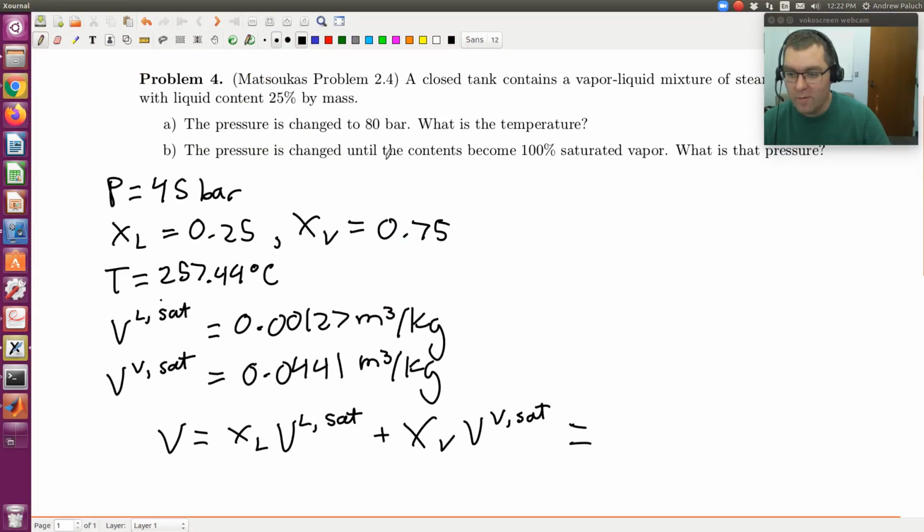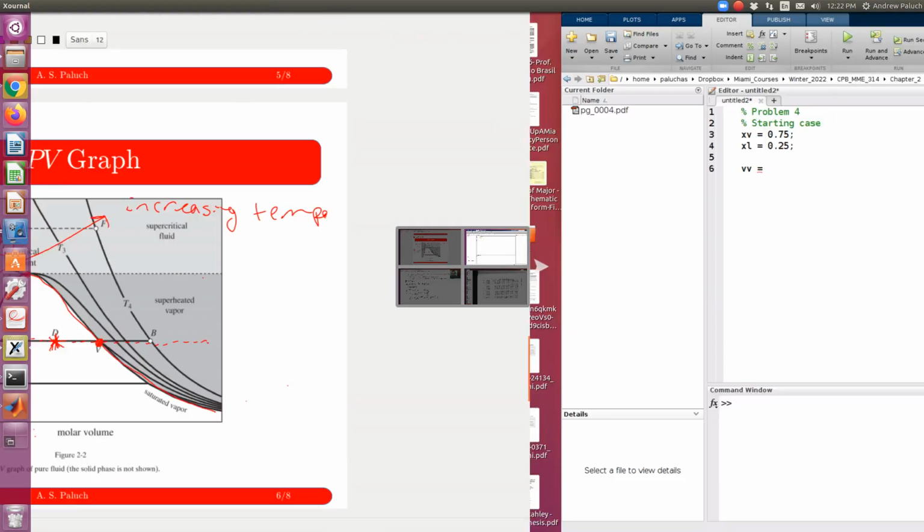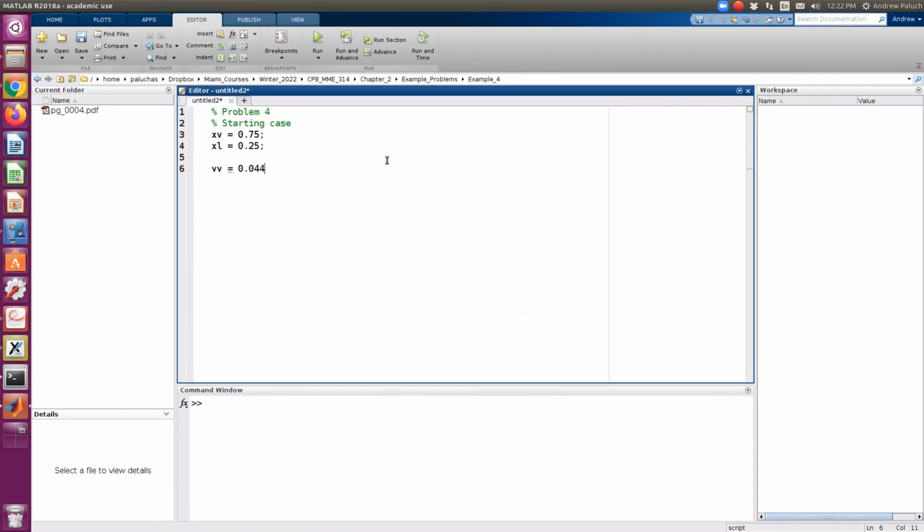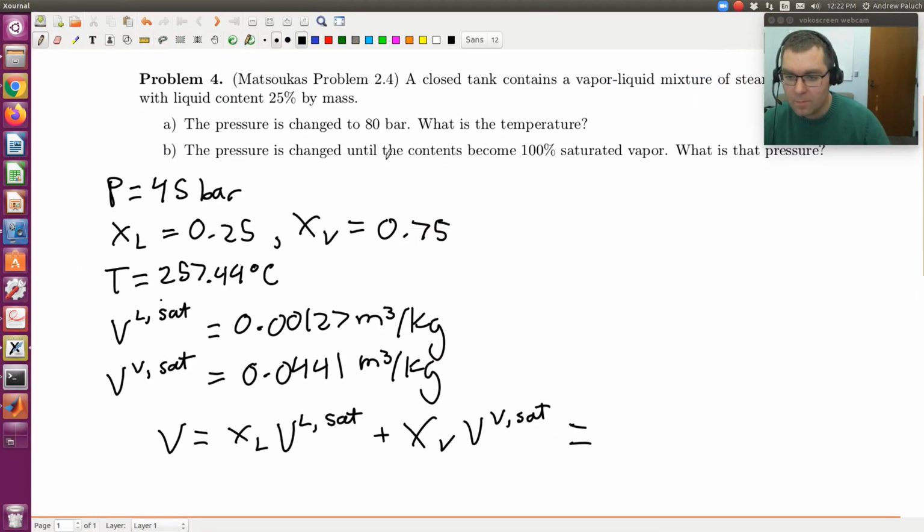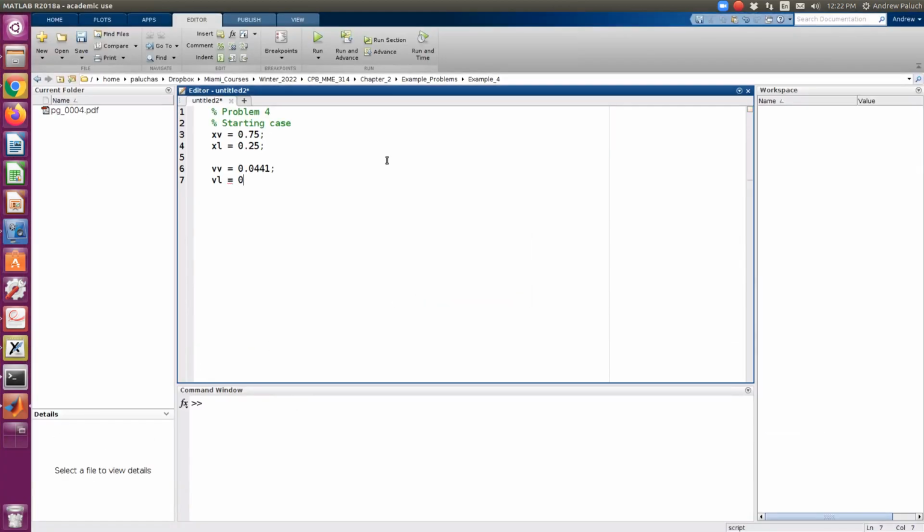The specific volume of my vapor is 0.0441, and the specific volume of my liquid is 0.00127. So my volume is XV times VV plus XL times VL.